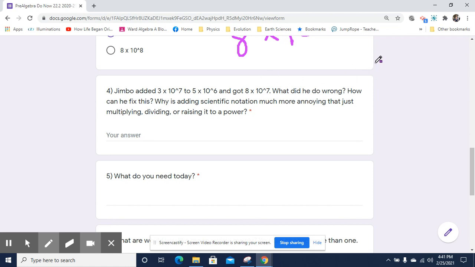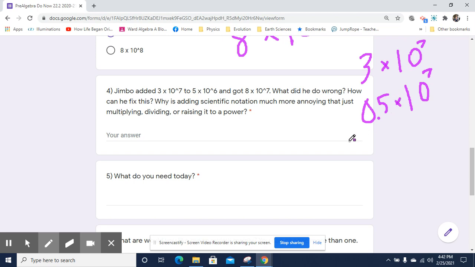So I'm going to have 3 times 10 to the 7th, and I'll leave that. And then I'm going to take this 10 to the 6th and make it 10 times bigger to make it 10 to the 7th, so my place values are matching. And this 5 is going to become 10 times smaller to account for that. So 0.5 times that.